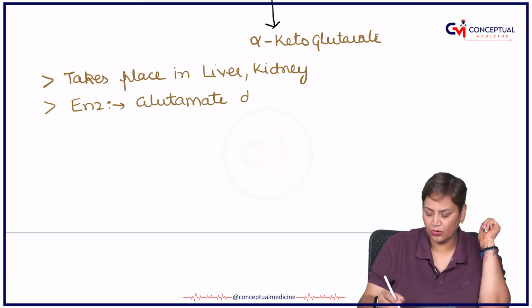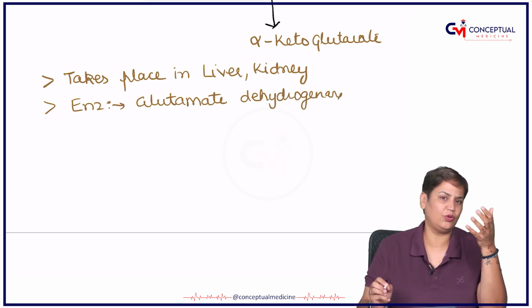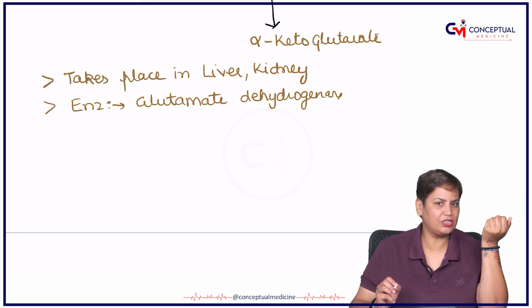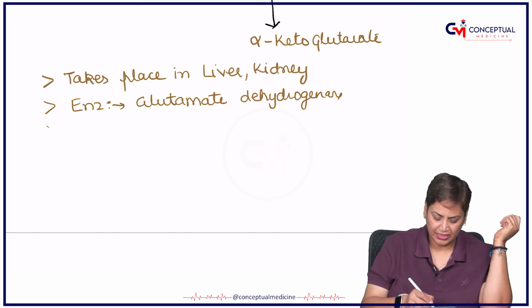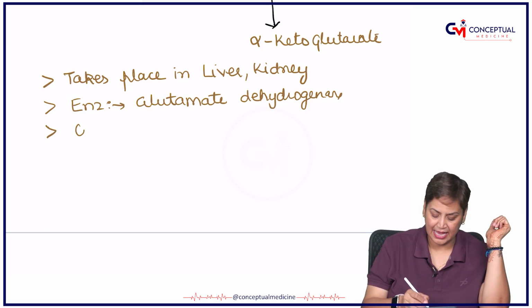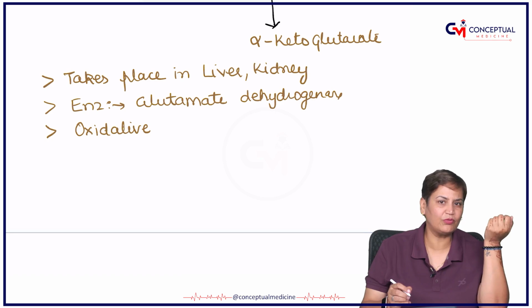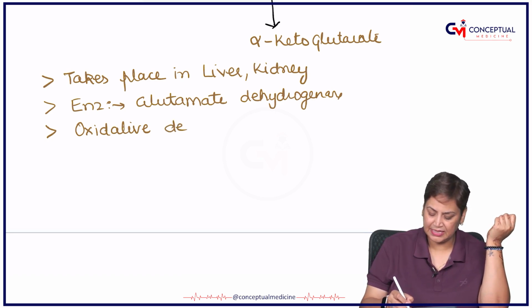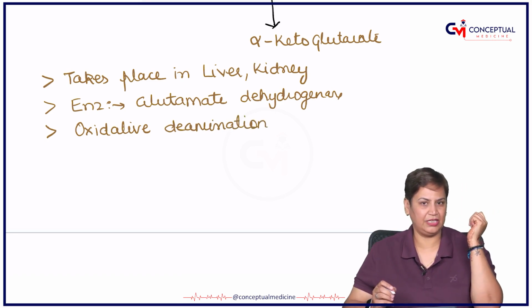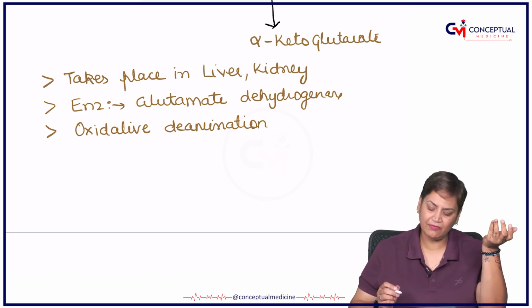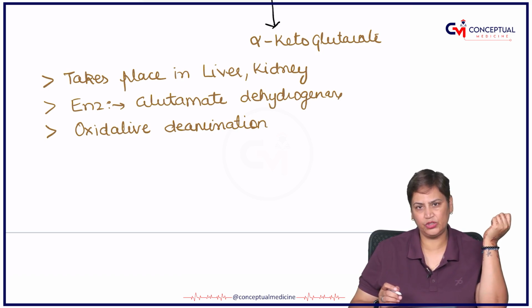Since dehydrogenase is required, oxidation is there, because whenever we write dehydrogenation, it means oxidation. So I can call this process oxidative deamination also, because ultimately we have to remove the amino group. Since this reaction is taking place in the presence of the dehydrogenase group of enzymes, it will be oxidative deamination, and commonly we can call it transdeamination.